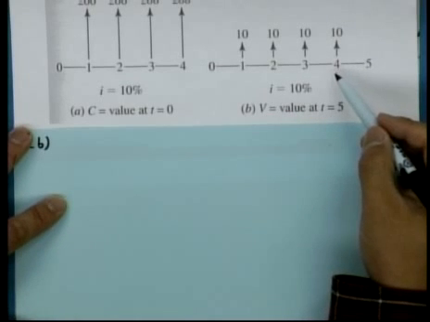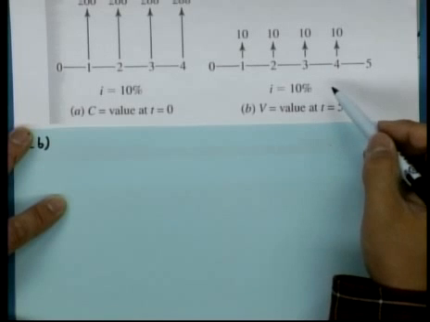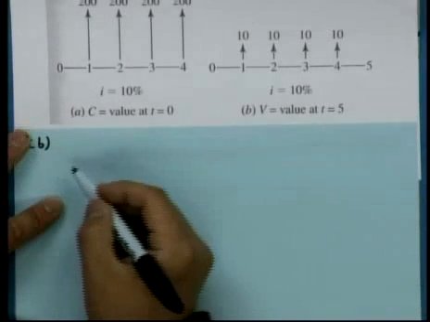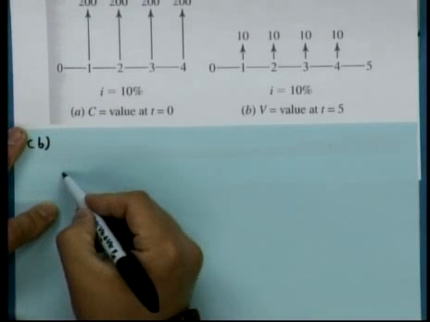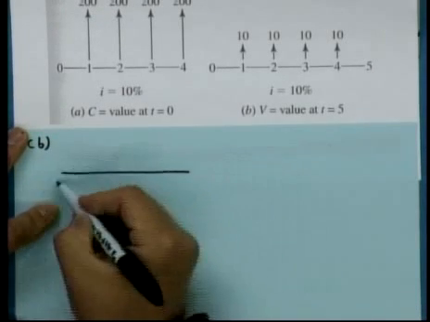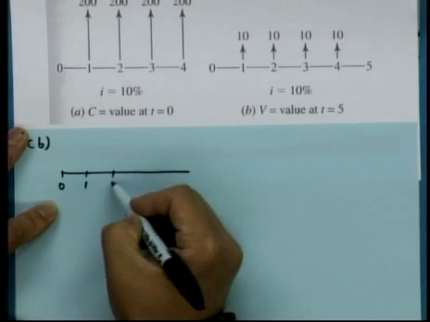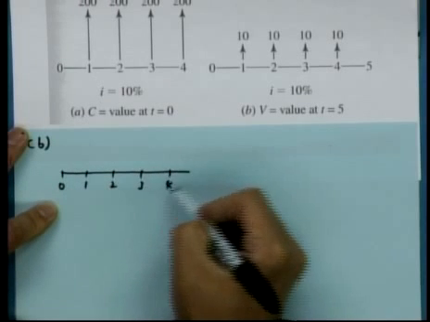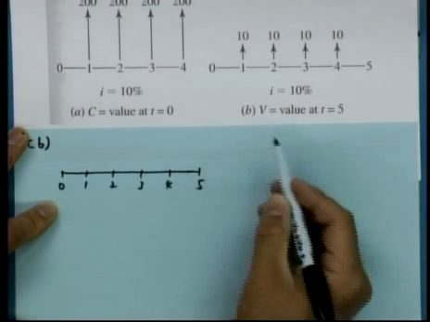Then we can use the uniform series formula, right? So let me redraw the cash flow diagram here. 0, 1, 2, 3, 4, and 5.